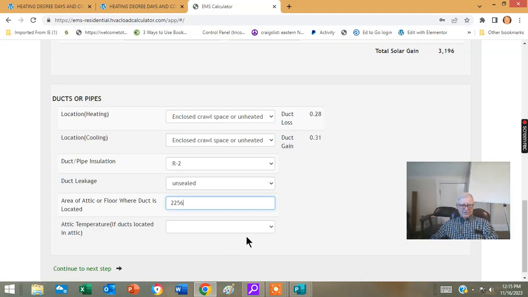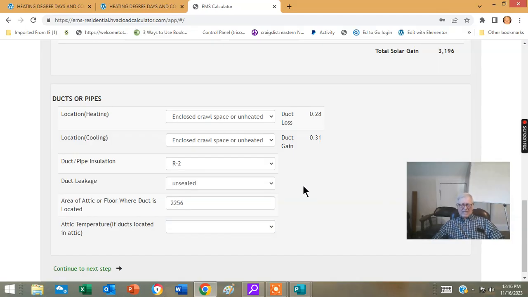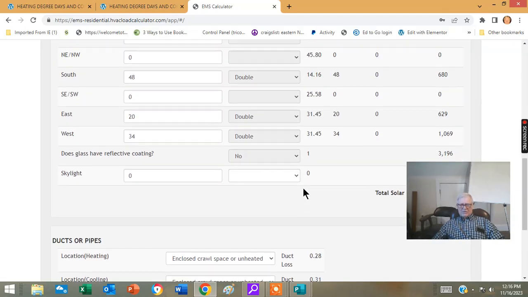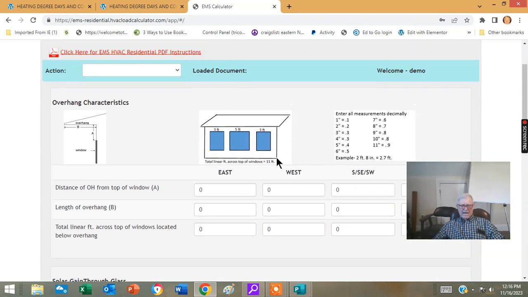Attic temperature. We don't have any ducts in the attic, so we don't have to put anything here. If the ducts were in the attic, go ahead and select one of these temperatures, and believe me, it's kind of guesswork. All right, I promised you I'd come back to something later, which is up here at the top.